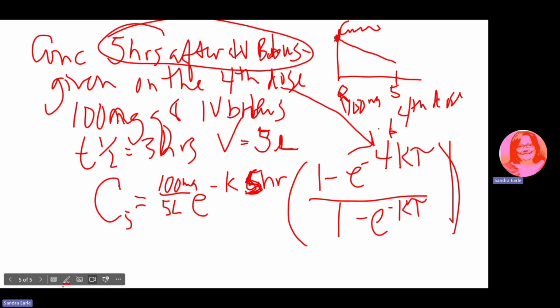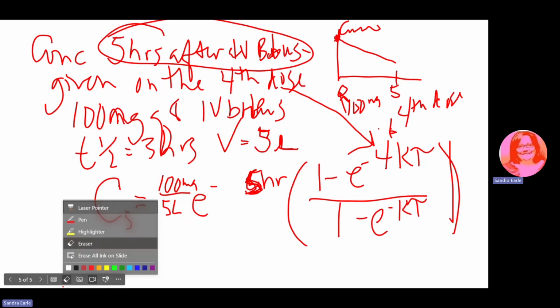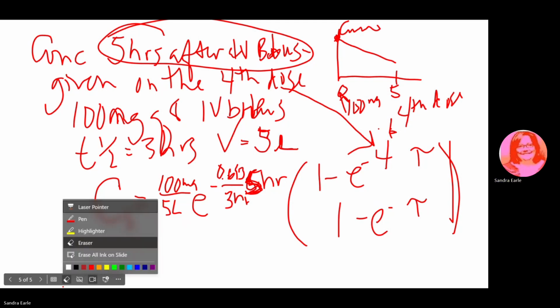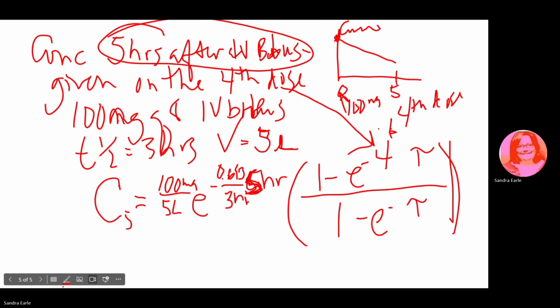Our K, like we said, if we have the half-life, we have the K, don't we? So our K is 0.693 divided by 3 hours, right? We put the same number in here. 0.693 divided by 3. I don't have enough room, do I?